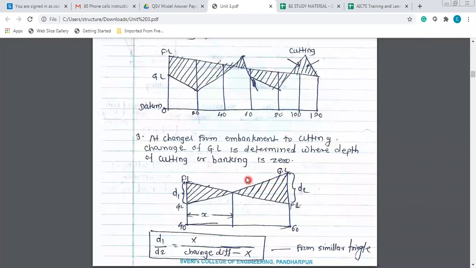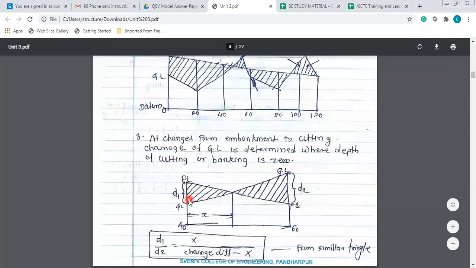Our third point is: at the chainage from embankment to cutting, the chainage of ground level is determined where the depth of cutting or banking is 0. Take the example that my road is passing from an embankment section to a cutting section.